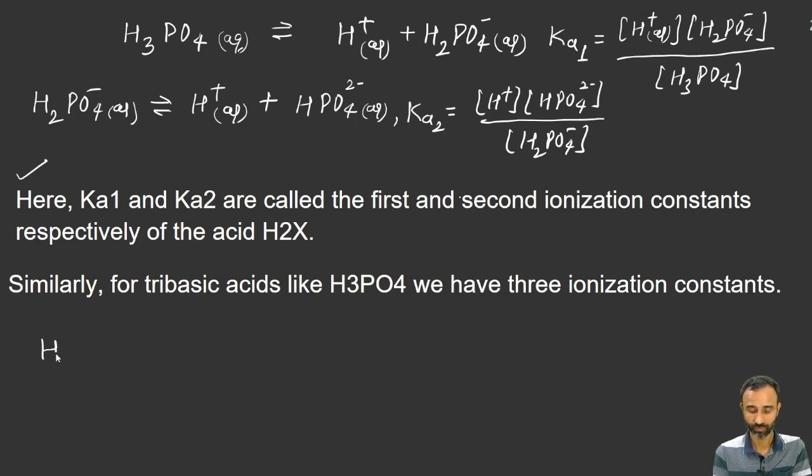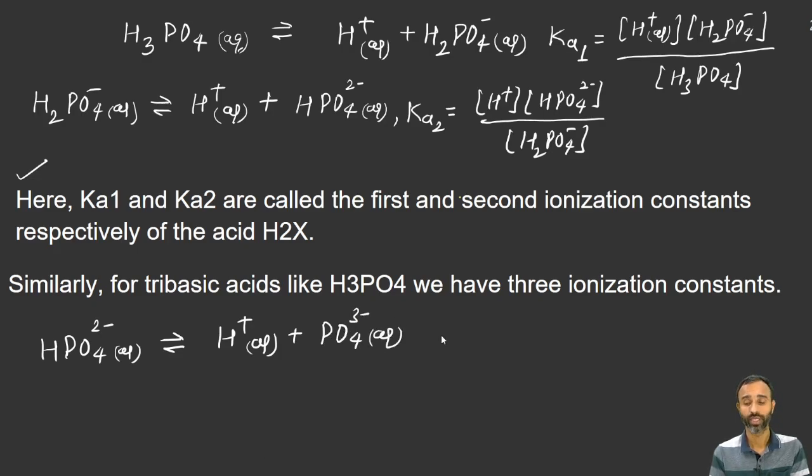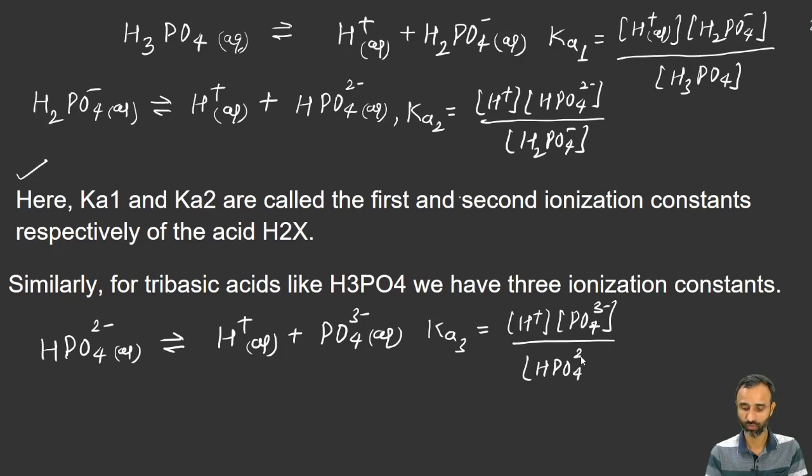And then HPO4 2 negative will give H positive and PO4 3 negative, and that is Ka3, the third dissociation constant, and it is H plus ion concentration times PO4 3 negative ion concentration divided by HPO4 2 negative ion concentration.